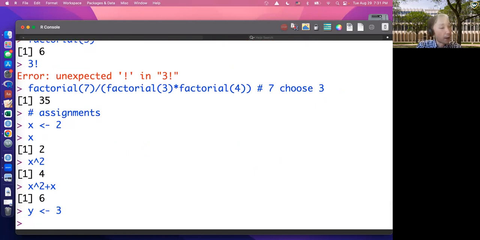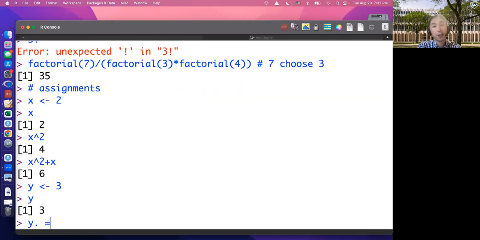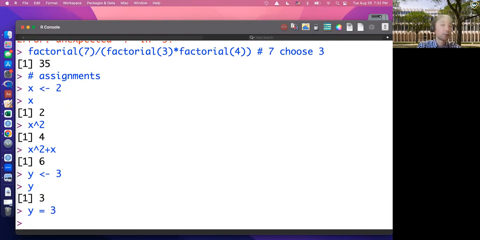If you also define y, to define, you can use this symbol. So the arrow, actually, it's the inequality sign and this hyphen, then you can define x as 2, then y as 3. Another way to define is just to use the equal sign.